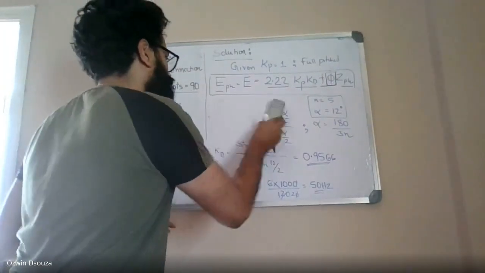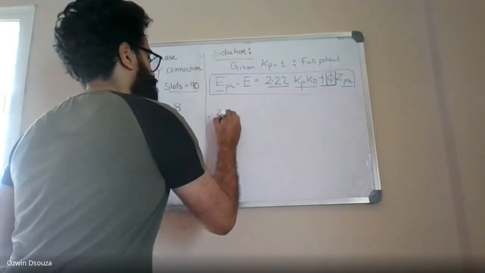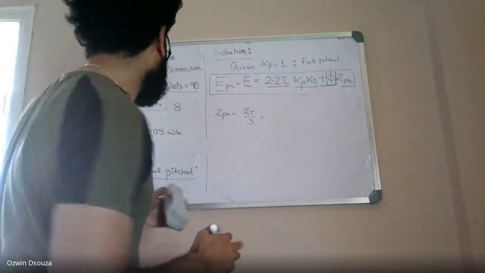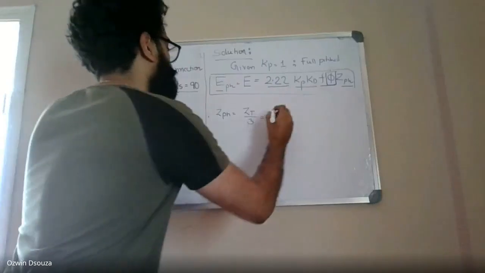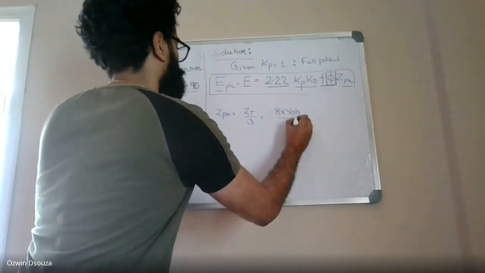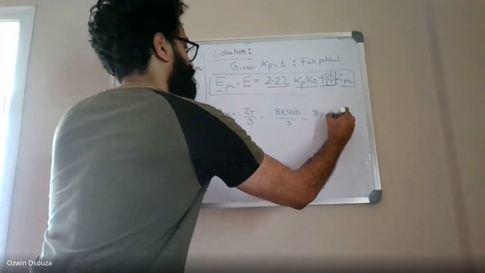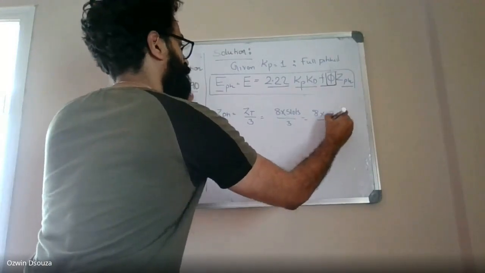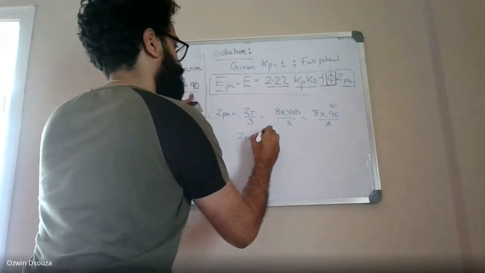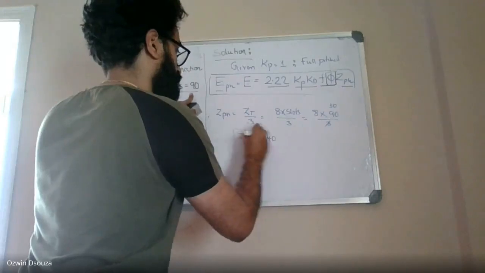Now you have to find the Z phase value. Z phase is equal to Z total divided by 3, and Z total is equal to 8 into slots, which are 90, so Z phase is equal to 240.